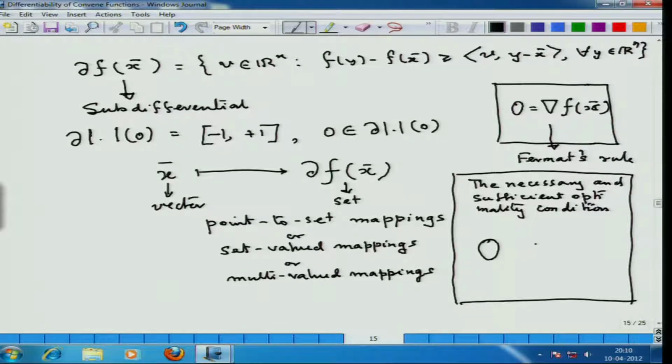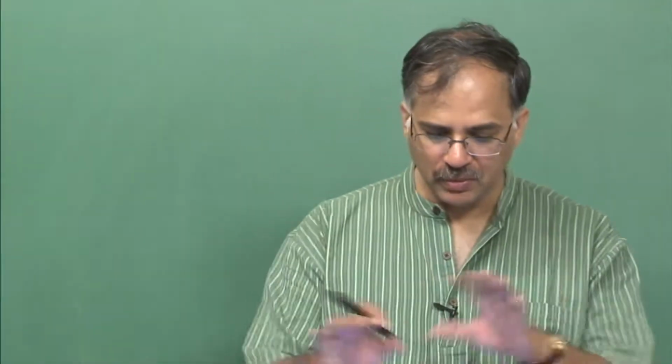It now changes from an equation to an inclusion, to what would be called a differential inclusion. So, x bar is a minimum of a convex function if and only if 0 belongs to this. Now, any mathematically sensible person would ask me, okay, you are talking about 0 belonging to a set and all this stuff, but what if such a set is empty?